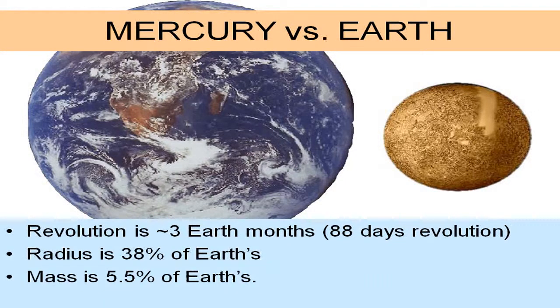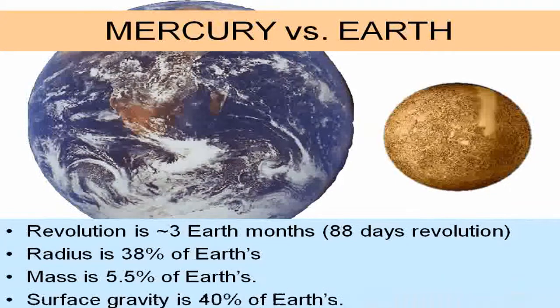Mass is 5.5% of Earth's. Surface gravity is about 40% that of Earth. So, given that Mercury will go around the Sun 4 times for every time Earth goes around once, radius is about 40%, gravity is about 40%, we'll say on a scale of 1 to 10, Mercury is about a 4.